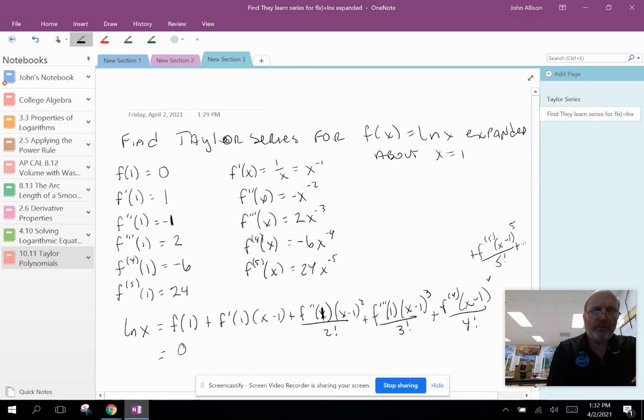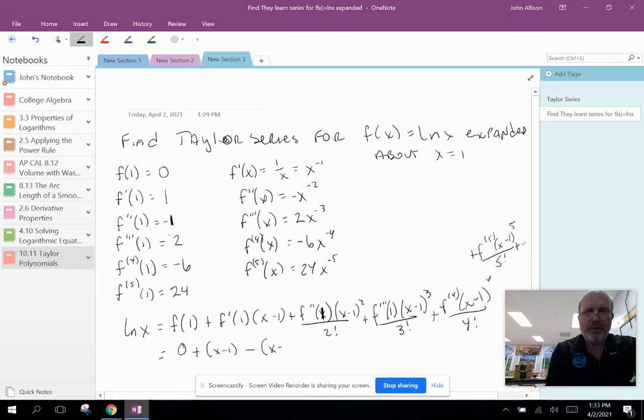We've got 0 for f of 1. f prime of 1 was 1. So this is going to be plus 1 times x minus 1. And then we had minus, and this was going to be x minus 1 squared. Oh, no, we've got to put those in.